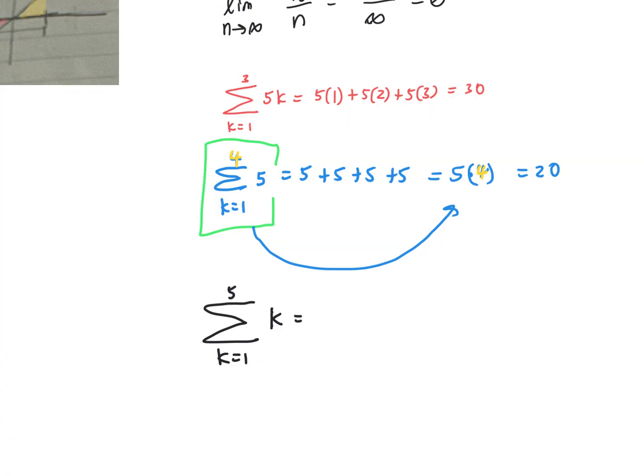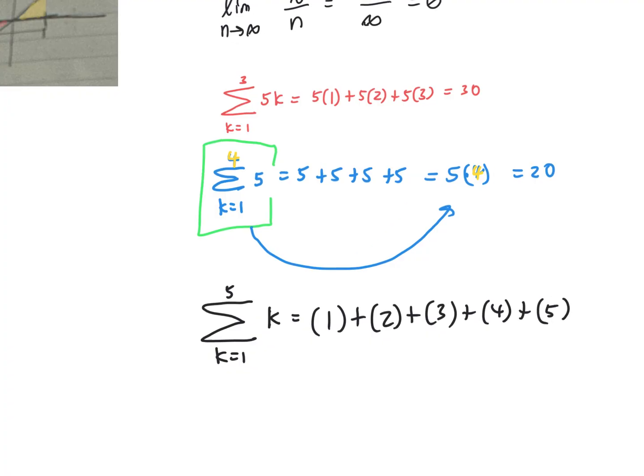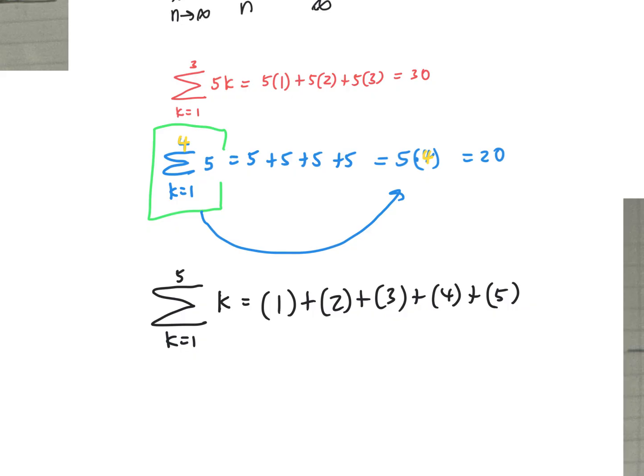That's going to be just k being 1, plus k being the next one, which is 2, plus k equaling the next thing, which is 3, plus k equaling the next thing, which is 4, plus k equaling the next thing, which is 5. Okay. And that's going to end up being 6 plus 6 plus 3, 15.